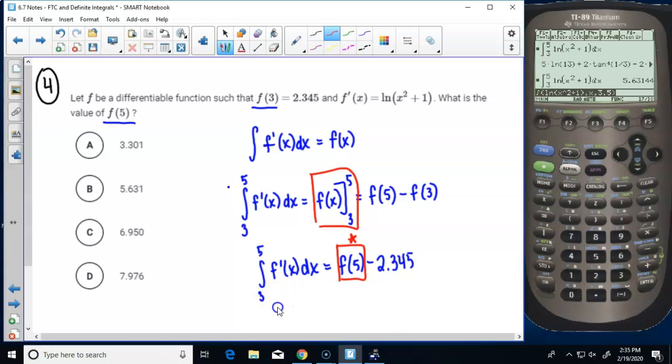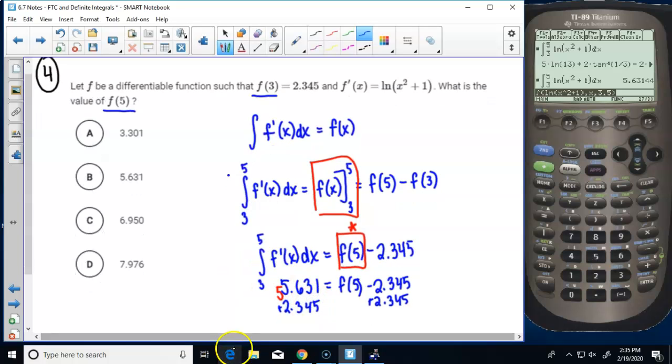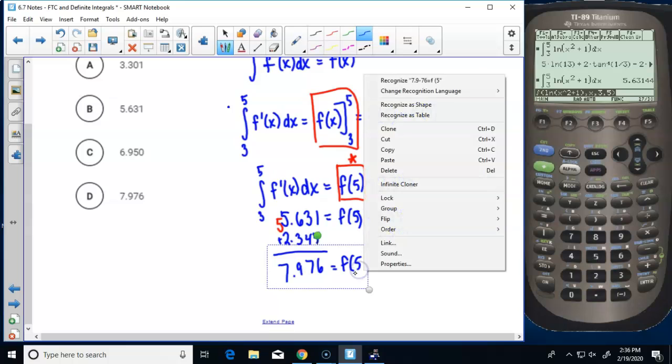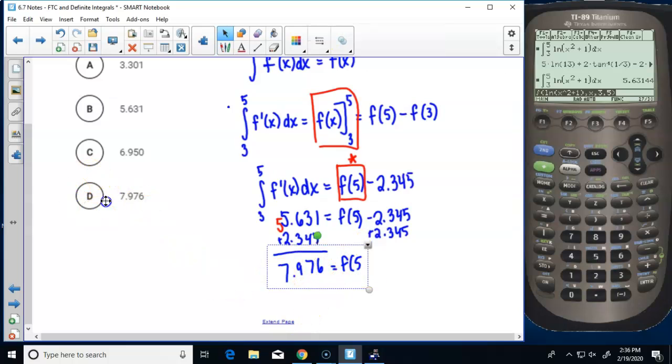So we get 5.631 equals f of 5 minus 2.345. And so we could add the 2.345 to both sides. And when we do, we get 7.976 for our f of 5, which hopefully is one of the answers. It is B right there.